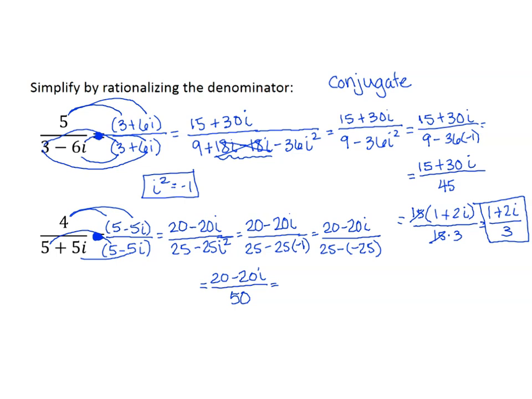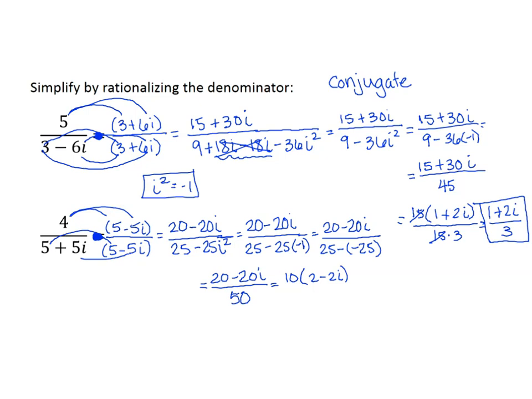Now again, I can do some canceling, right? I notice that these are all multiples of 10. They're all multiples of 2, they're all multiples of 5, but the greatest common factor of all of them is 10. So I can take a 10 out on top, and I get 2 minus 2i.